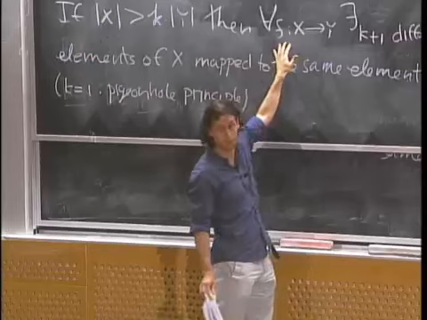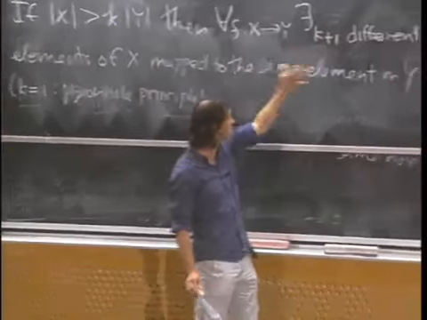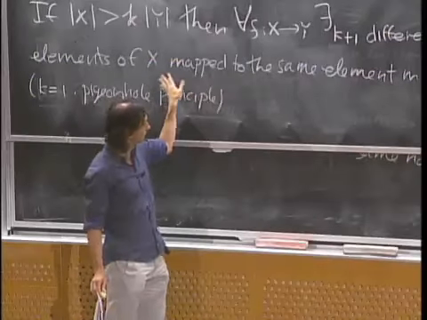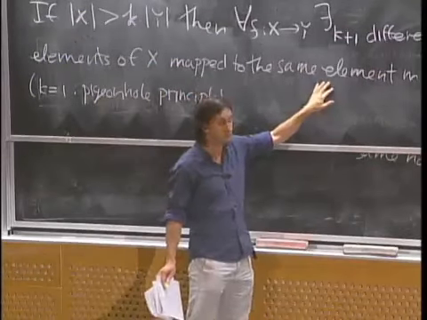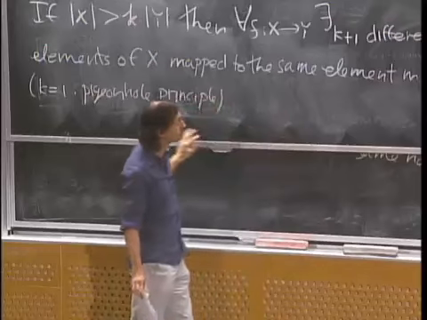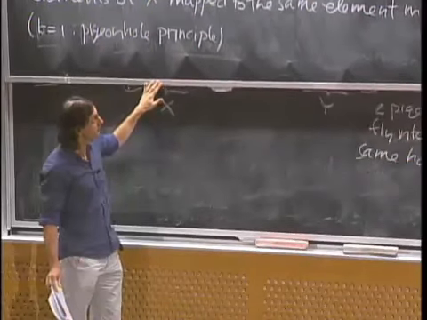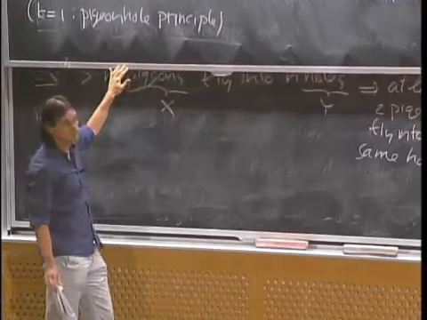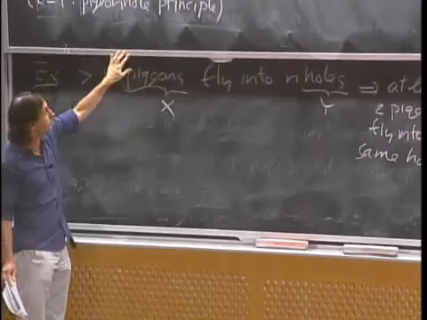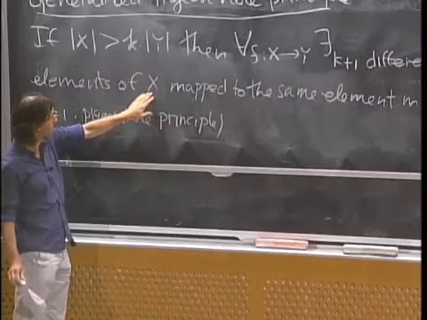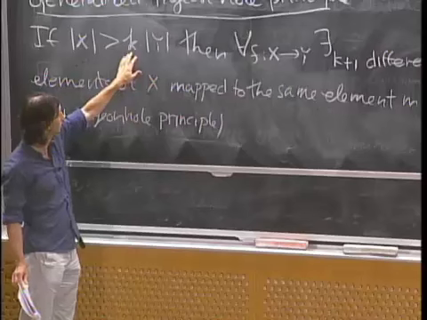So suppose there's a mapping F such that for all k plus 1 different elements of X, they are not mapped to the same element in Y. What I really know then is that every element in Y is mapped to by at most k distinct elements of X. So that means that the total number of elements of X must be at most k times the number of elements of Y.